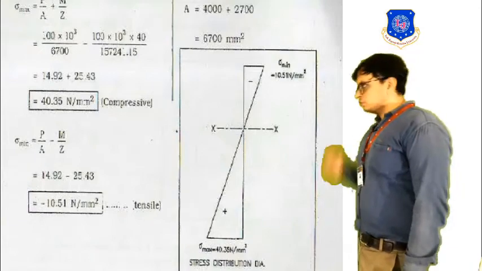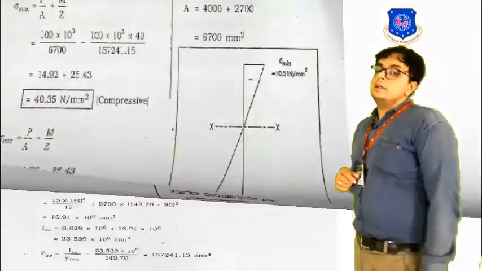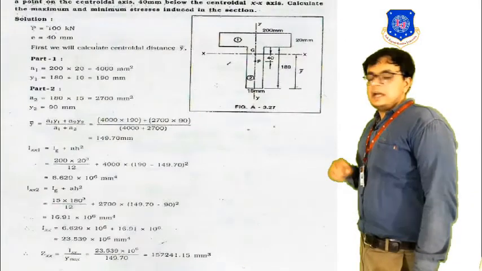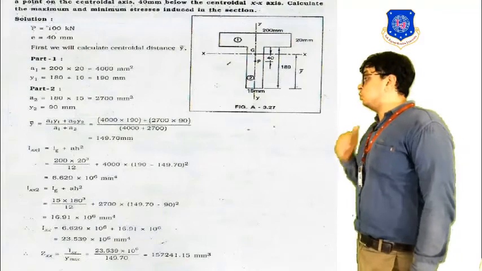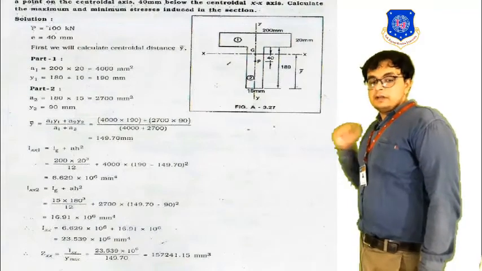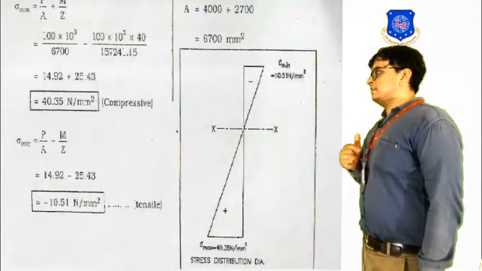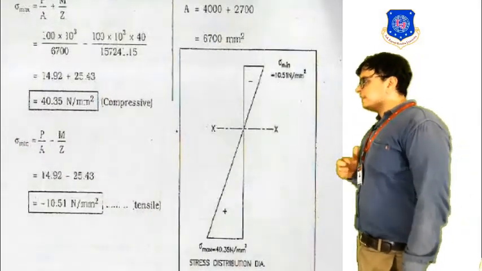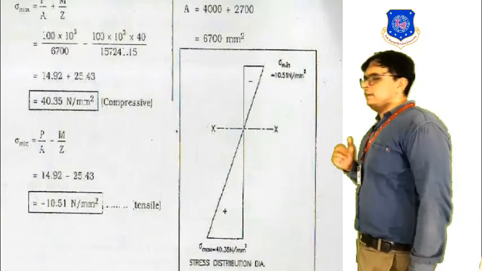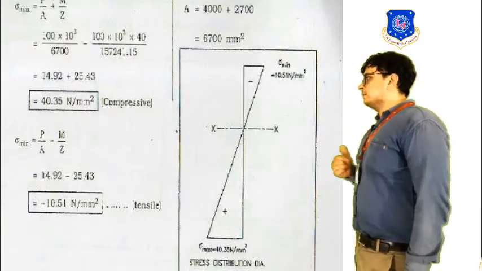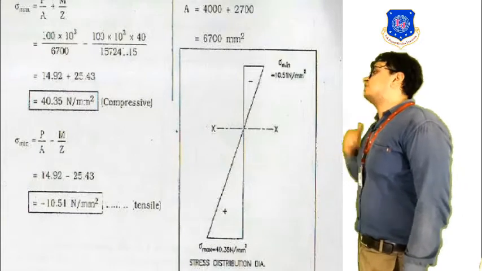Okay, so this was our moment, and the section modulus that we have found in the previous section, that is I by y, is equal to 15724.15 millimeter raised to 3. So 4 into 10 raised to 6 divided by 15724.15 will be equal to 25.43.